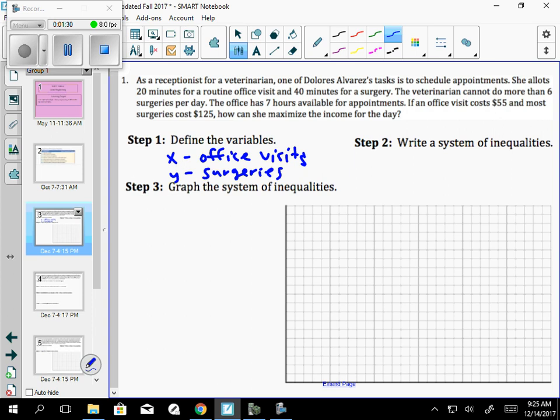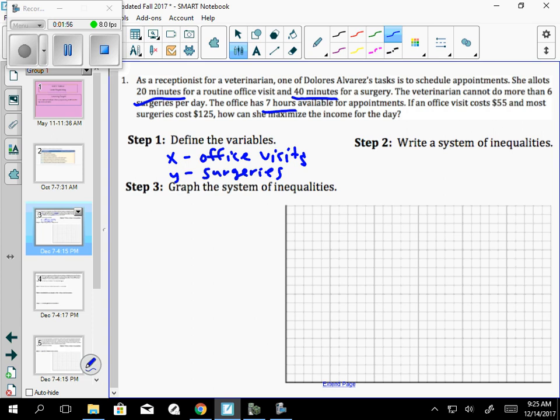Step two, now we want to write a system of inequalities. So what do we know about these office visits and surgeries? Well, one thing it starts off right away talking about is time. She has 20 minutes for office visits, 40 minutes for surgery. Now, if we're going to be able to write an inequality for that, we need a total. And they do give us a total here in time of 7 hours.